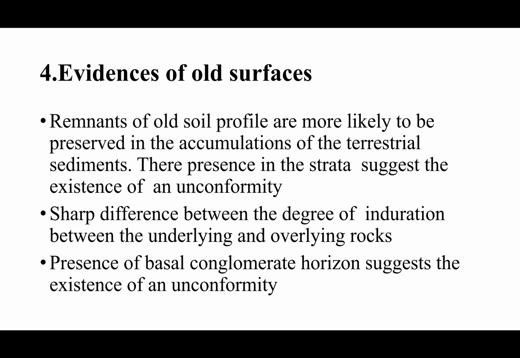These are some peculiar criteria which geologists apply in the field to find unconformities. The first is the remnant of a soil profile. If there is paleosoil present between two rock strata, then it may indicate a paleo erosion surface or an interruption in the stratigraphic record or rock deposition.